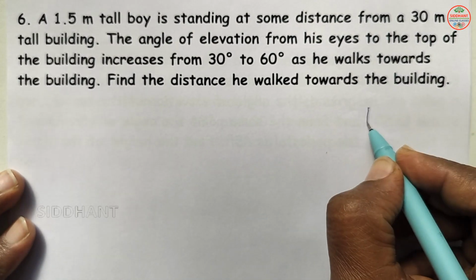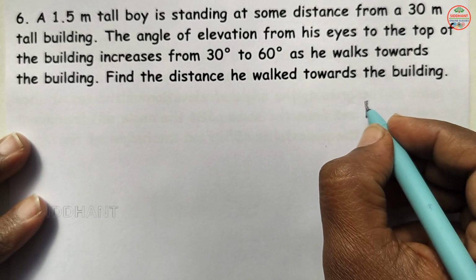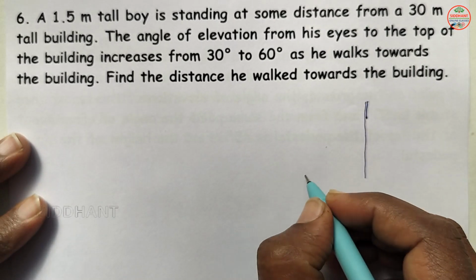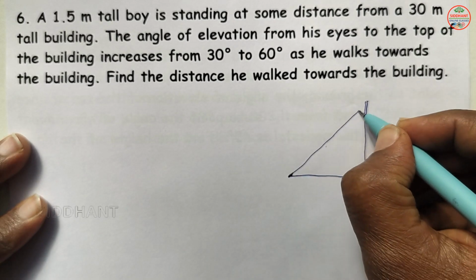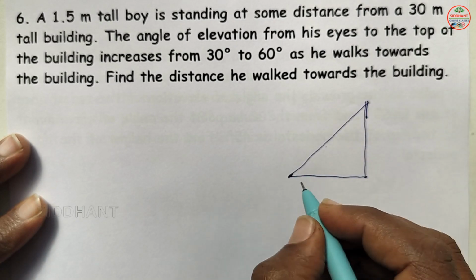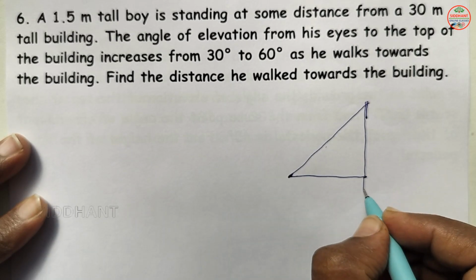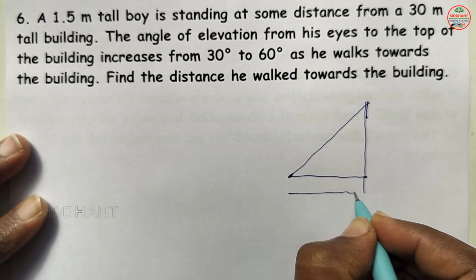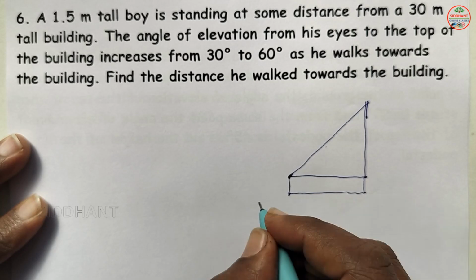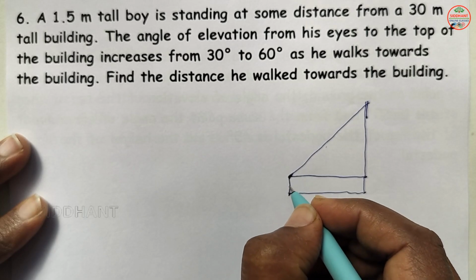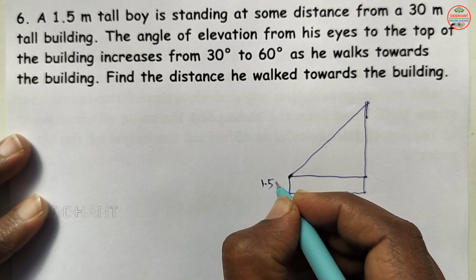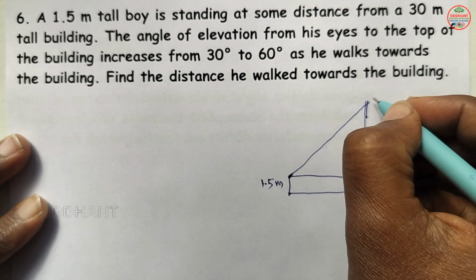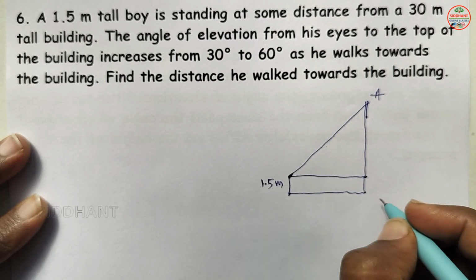So here, this is the building. This is the height of the person, the boy, which is 1.5 meter here. Let it be A here.